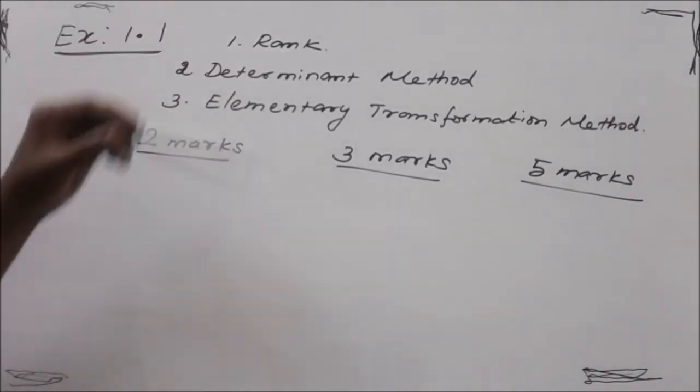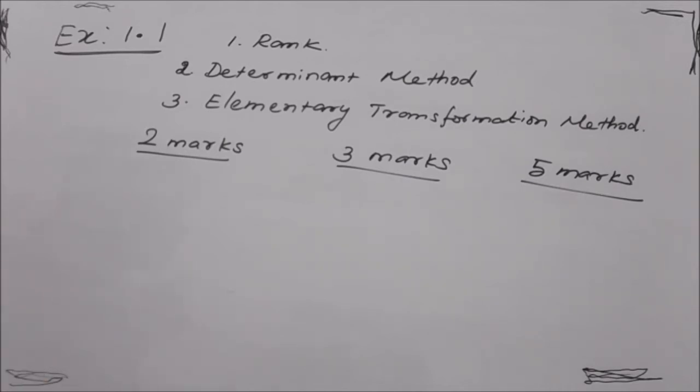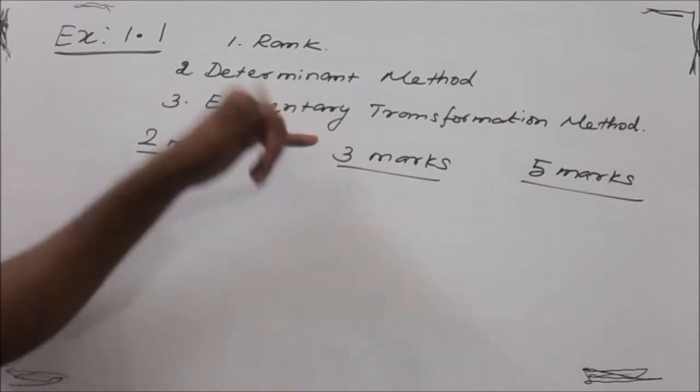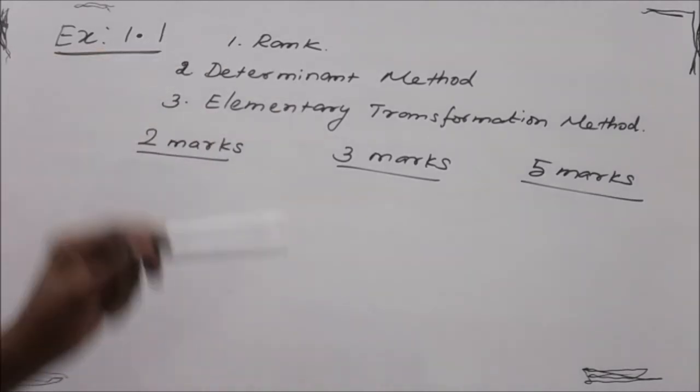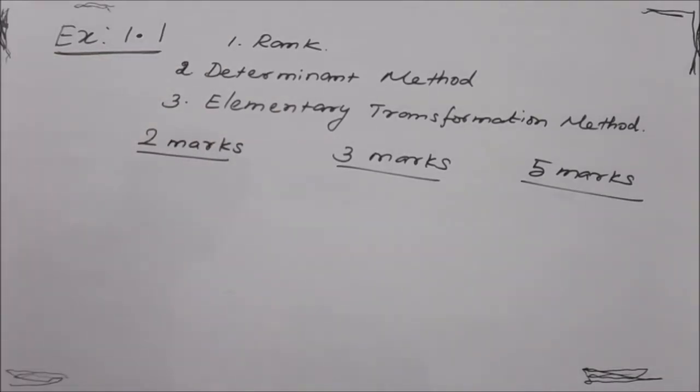While finding rank, you can utilize both column operations and row operations, but while solving a system of equations by the rank method, you should apply only row transformations. I mentioned this while doing the sums. These are the important areas in the first exercise.